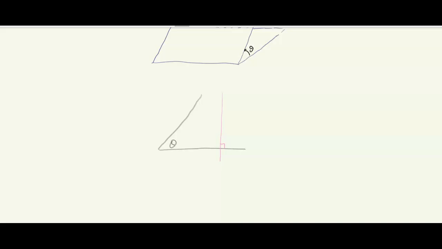So if I construct a normal in here, that's my right angles there. Now I have a quadrilateral in here, and a pair of right angles here and here. So I've now got this angle theta, and I know that over here I've got 180 minus theta, which on straight lines gives me angle theta here.